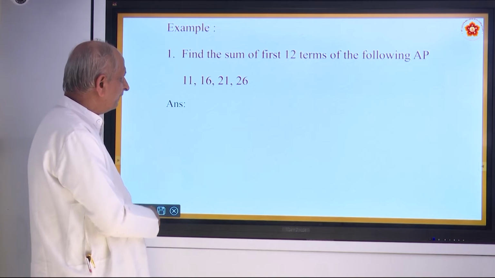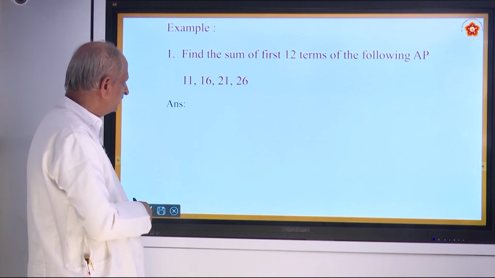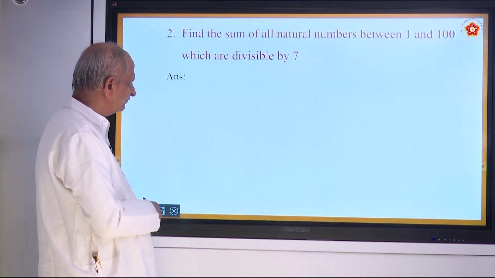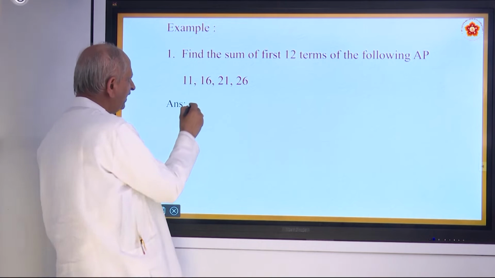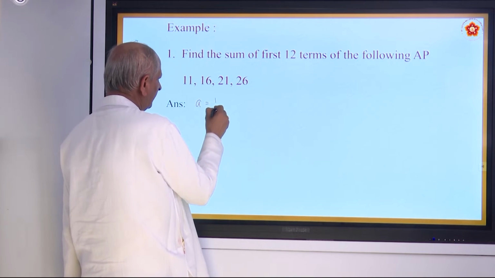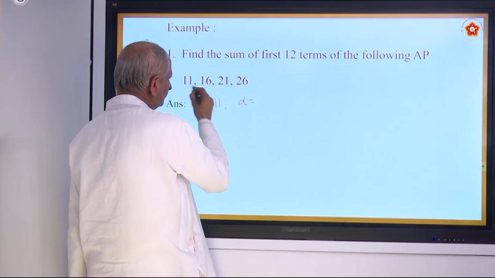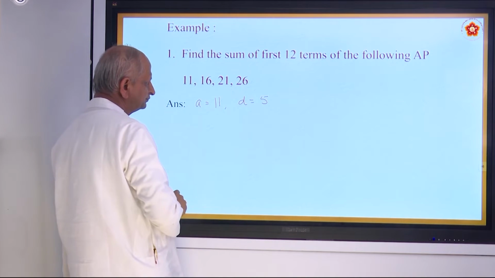Now, we will work out some problems. Find the sum of the first 12 terms of the following AP: 11, 16, 21, 26. Here what is a? a is 11. What is d? 16 minus 11, that is 5. This is also 5.